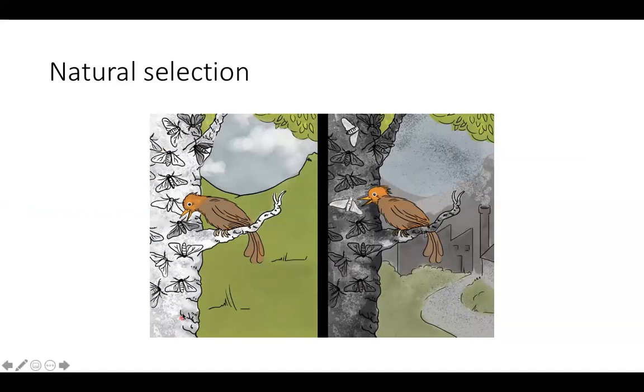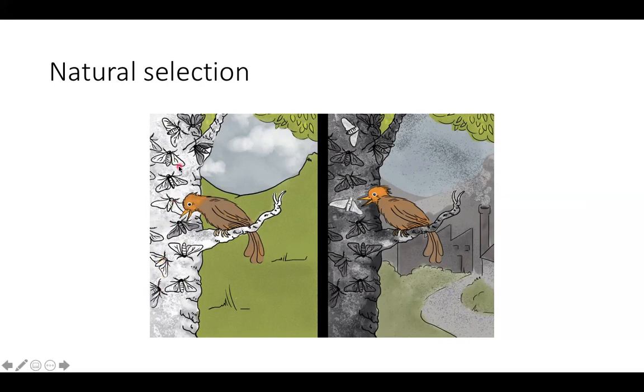Most of the moths were light coloured. The reason was that the darker moths were far more visible on the lighter bark, so the birds would eat the darker moths. Because there were more white moths available, the white moths would be more likely to reproduce with other white moths.